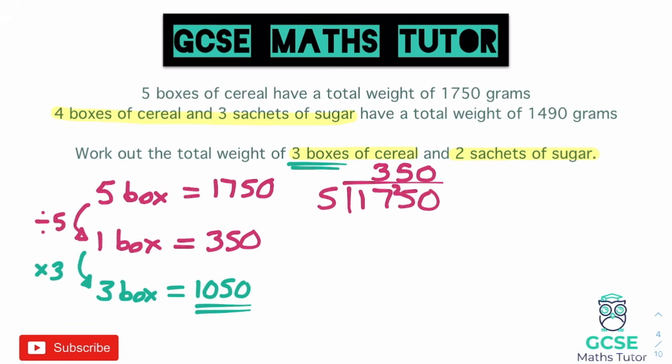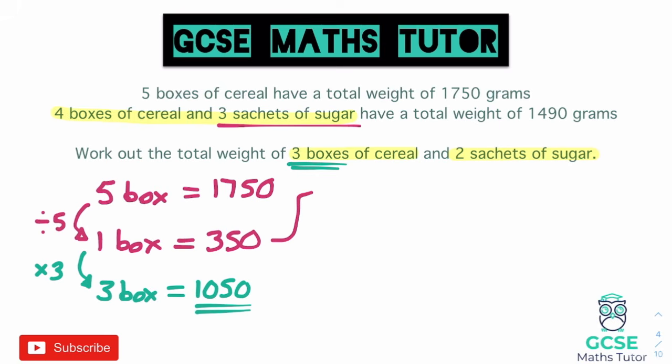So let's get rid of this working out and move on to our next piece of information. So the next part is obviously we have the sachets of sugar. So for this second line here, it says that 4 boxes of cereal and 3 sachets of sugar have a total weight of 1,490. Well, if we work out the weight of 4 boxes of cereal, as we know the weight of 1, then we could have a look at working out therefore what the weight of the 3 sachets of sugar are going to weigh.